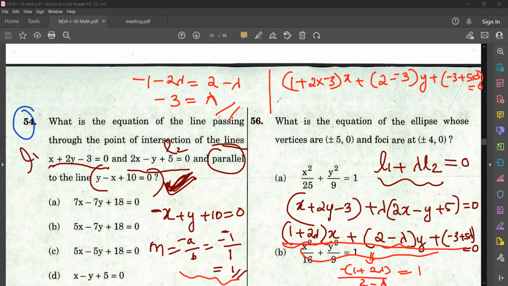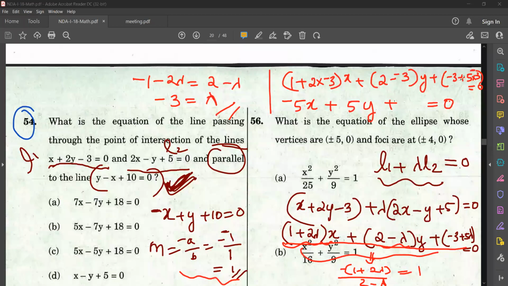So you'll get minus 5x plus 5y plus 15 minus 3. Just check. Some mistake happened. Oh, sorry, this will become minus 3.